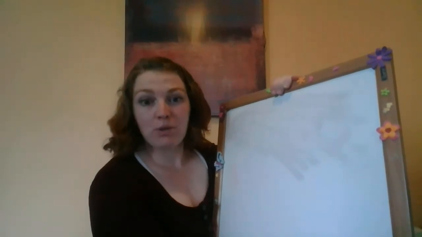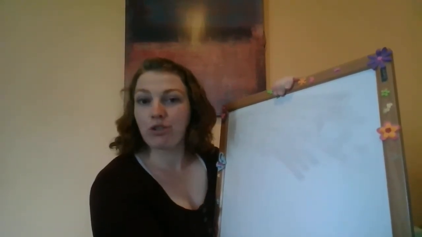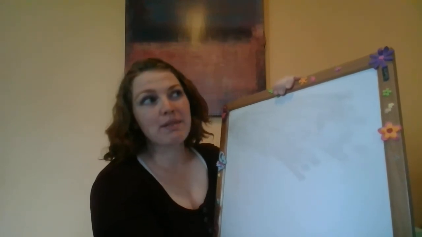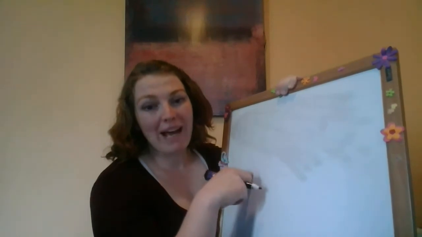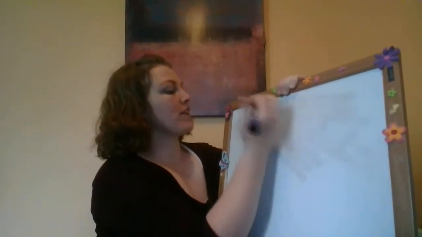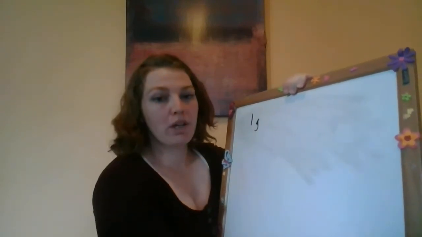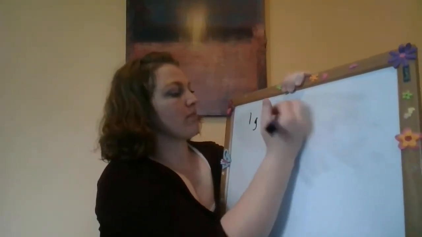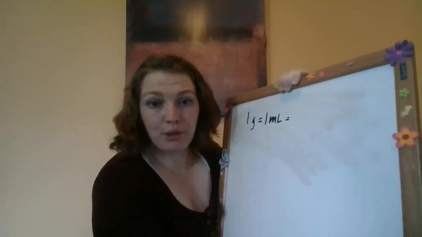So one of the super cool things about the metric system is what I like to call the holy trinity of the metric system. That's because the metric system has this great unifying factor between mass, length, and volume. And what that is, is that for water, 1 gram of water takes up 1 milliliter of volume.